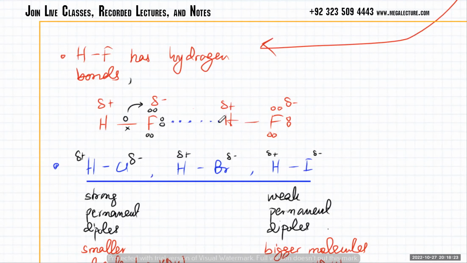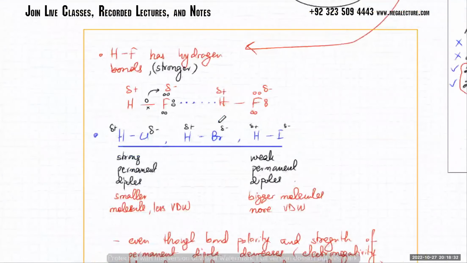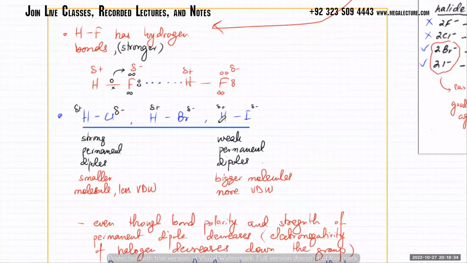Yes, sir. So remember, hydrogen bonds are extremely strong. So what about the other ones? HF is going to have a very high boiling point. The dipole decreases when you go down the group. You get a strong permanent dipole for HCl, but a very weak permanent dipole for HI. The reason is that the electronegativity decreases.